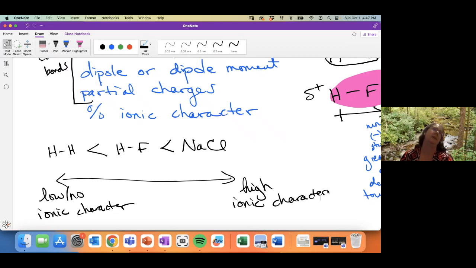And if we were going to throw ionic on there, then we typically use percent ionic character so that we don't misspeak and use our terms properly. Because you wouldn't use partial charges with ionic compounds. Ionic compounds have whole charges. You wouldn't use a dipole or a dipole moment because, again, you have point charges. You have whole charges. Sodium and chloride are not little magnets. They don't have a positive end and a negative end. There's just a positive thing and a negative thing. So different terminologies for different pieces.